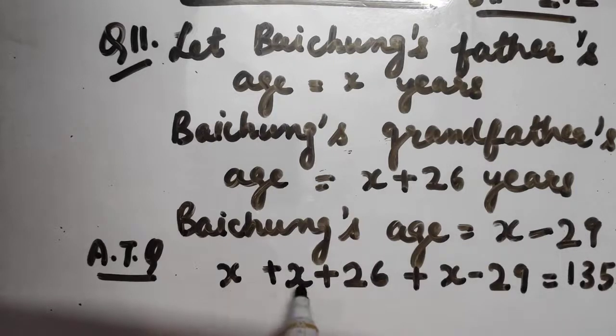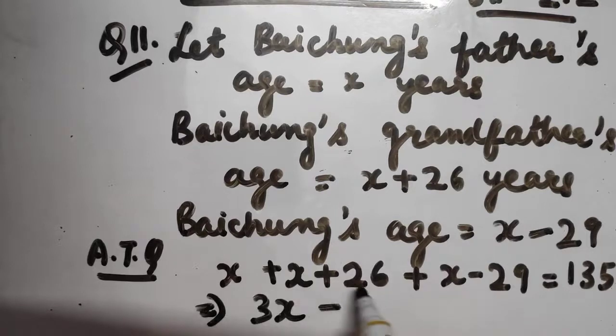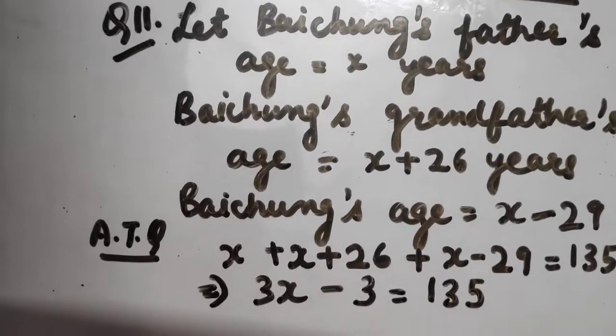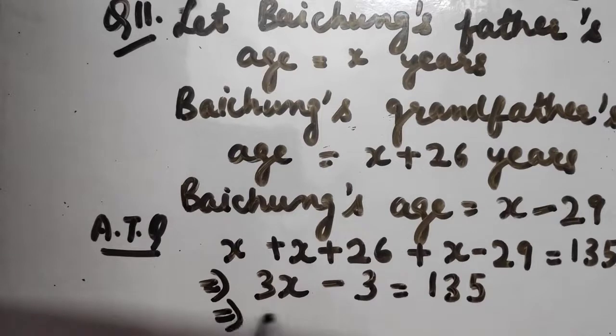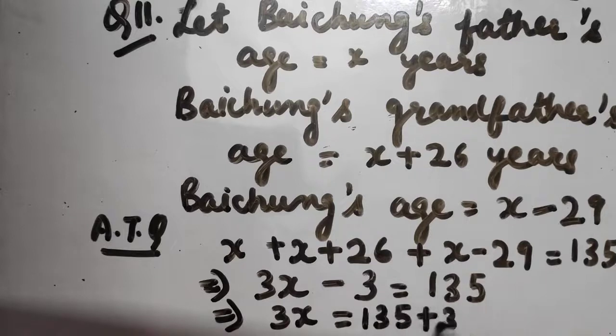So this is x plus x plus x. It will be 3x plus 26 minus 29, it will be minus 3, that is equal to 135. So it will be 3x is equal to 135 plus 3, that is equal to 138.